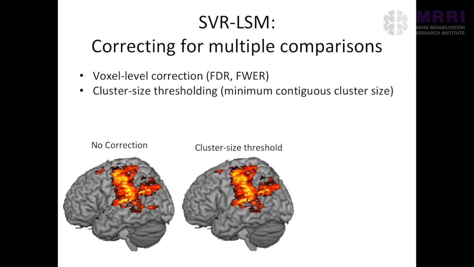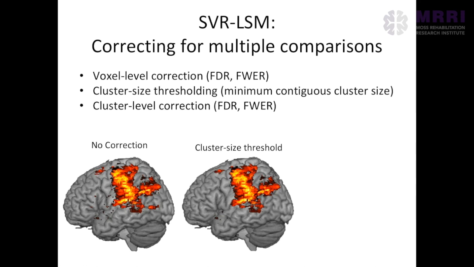We definitely recommend doing some kind of cluster size thresholding at the very least. So we want to say that there's a minimum size of continuous voxels that have to exist in order for this to be considered not noise. So that at least gives us some confidence and wipes out all of these little spurious voxels down here that are not very meaningful. We can also do a cluster level correction.